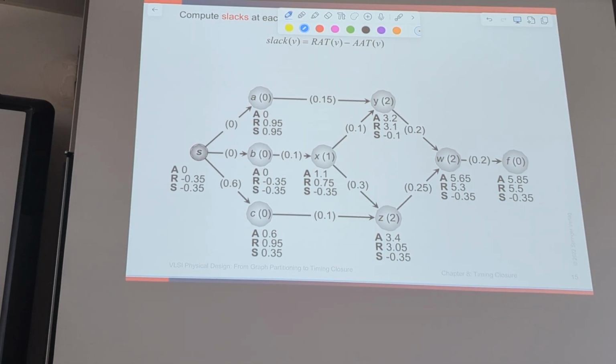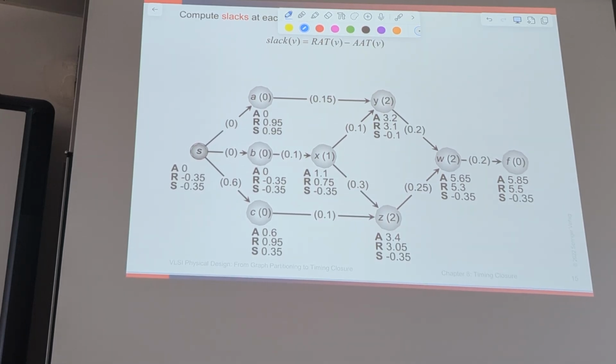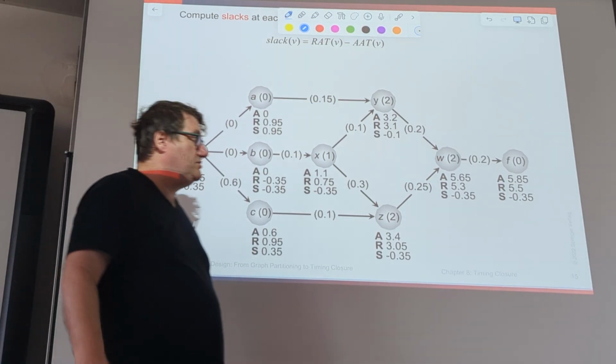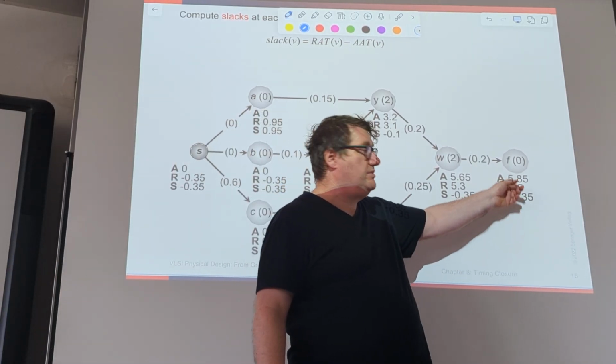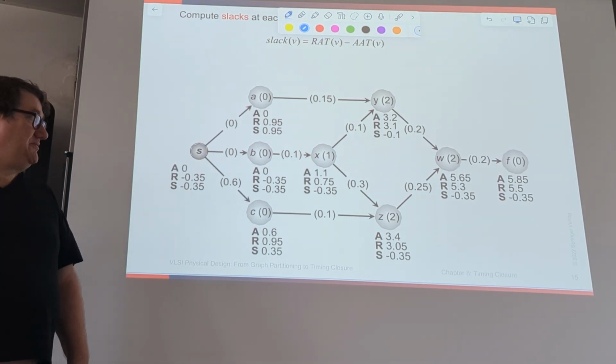So that is what the static timing analysis can do. Normally for us it would be okay to figure out, yeah, okay, we have the negative slack here at the end, it's not good.